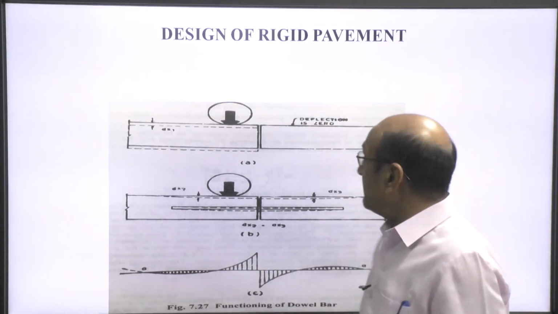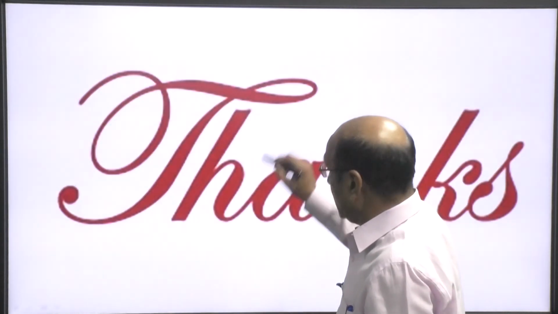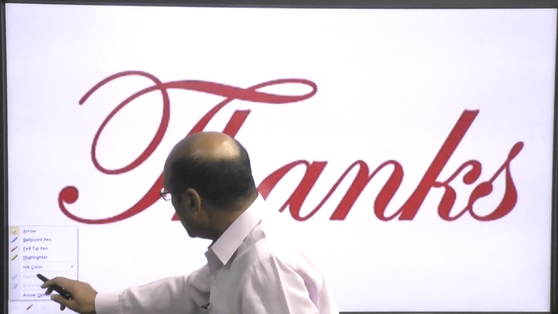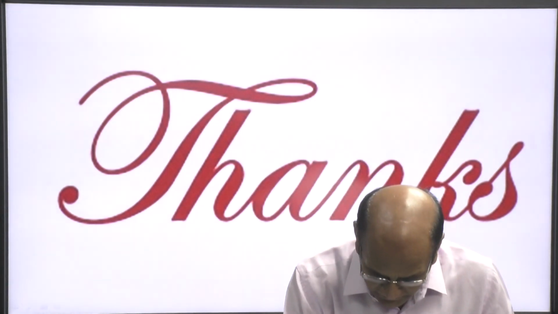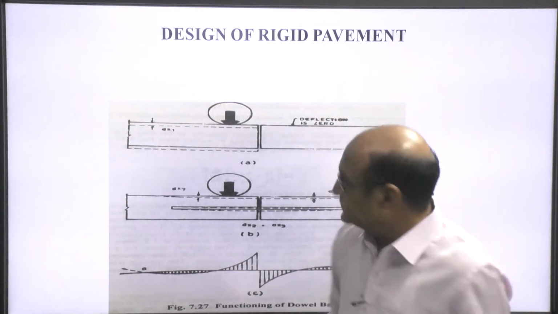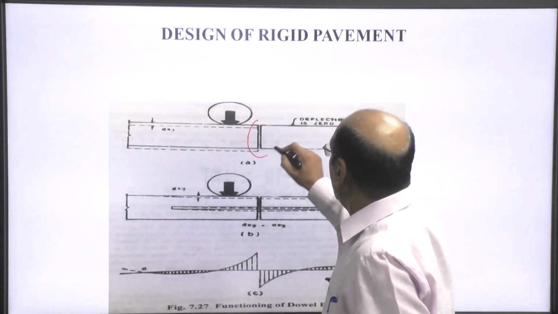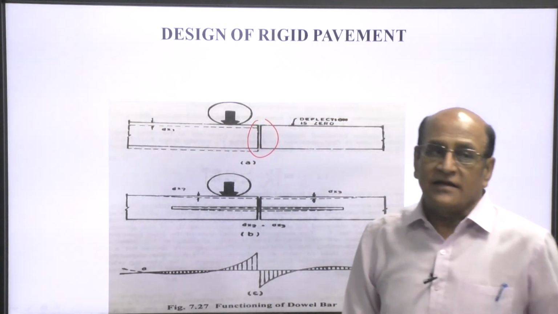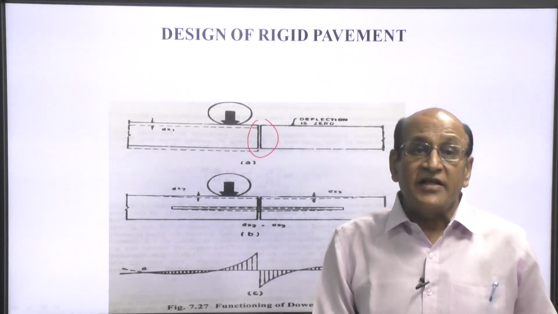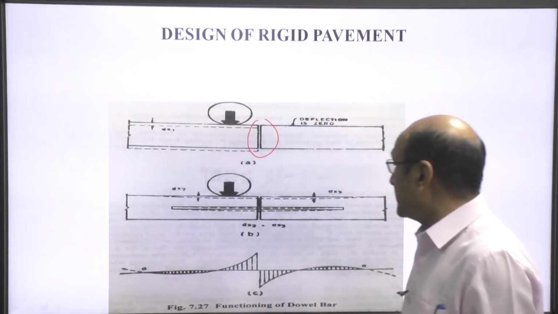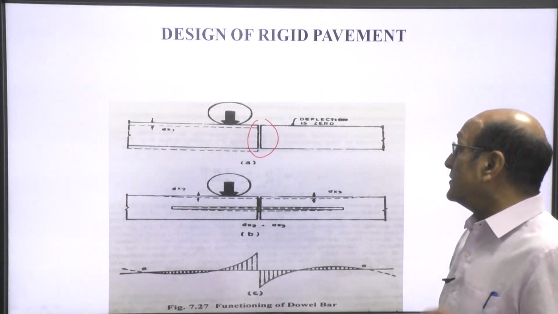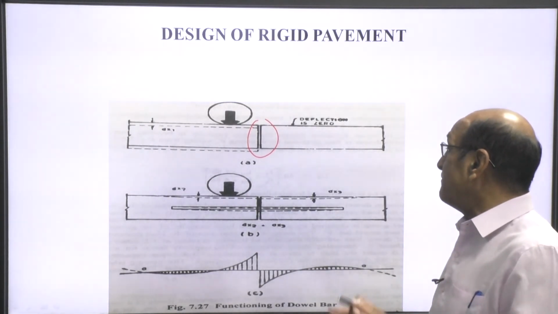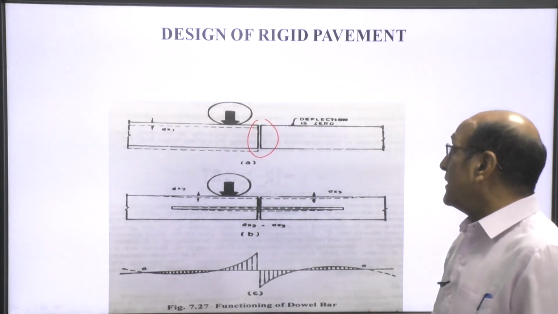Otherwise, there will be huge cracks in this area, and this is the major defect of rigid pavements. So, it is very necessary to design the dowel bar and place it properly inside the slab.